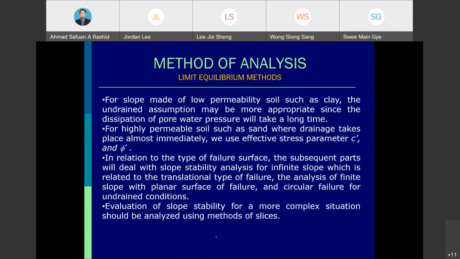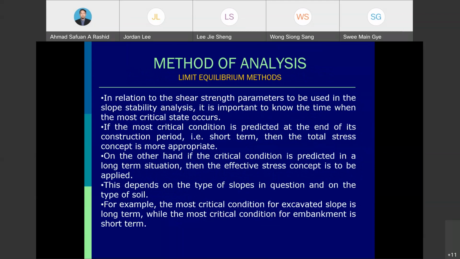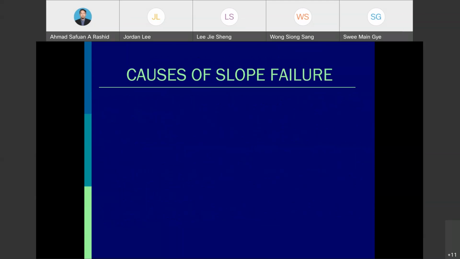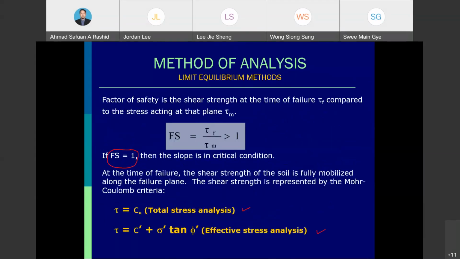Understand, Doctor. Okay. One more question. Can you go to the previous 2 slides? There's the undrained shear strength and then the effective shear strength. The top one, I understand, undrained shear strength is for short term.